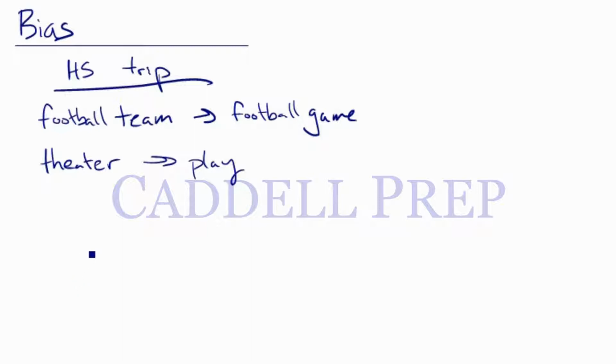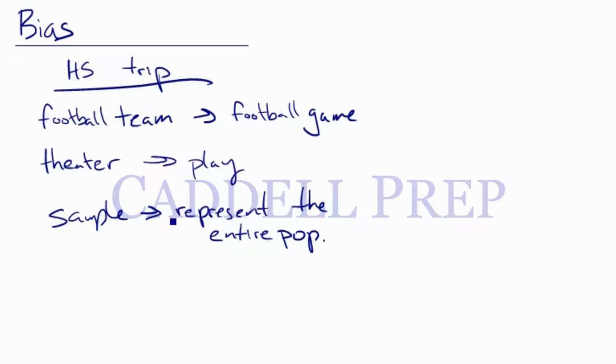So you don't want to focus your sample on just one group of people. The sample should represent the entire population. So it's not going to be the entire population. We're not going to ask every single student, but we want to represent everyone in that population.